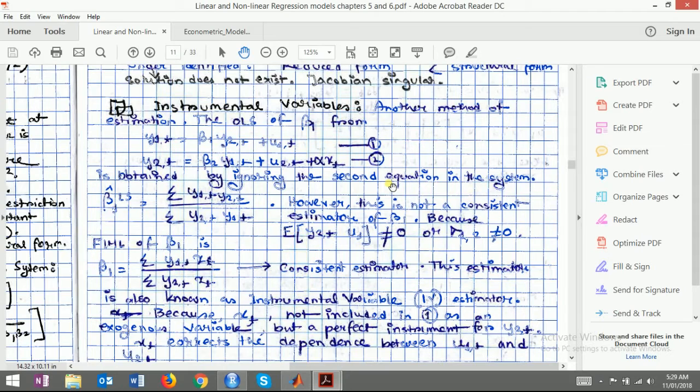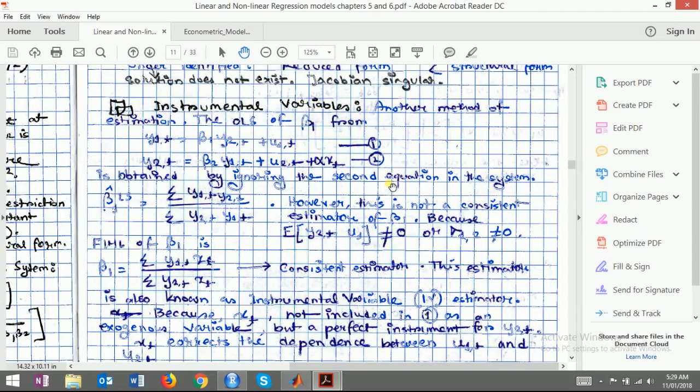So obtaining it by ignoring the second equation in the system, the OLS is beta 1 hat equals y1t y2t divided by y2t y2t. However, this is not a consistent estimator of beta 1 because the covariance of y2t with the residual is not equal to 0.